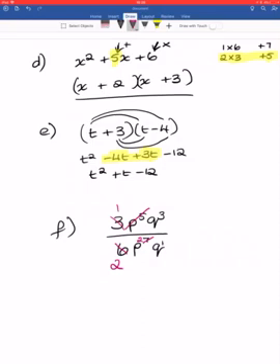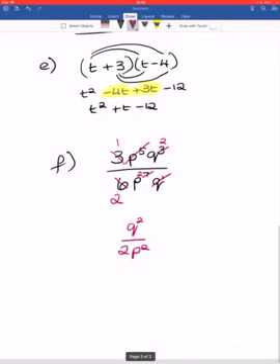Remember, I've got q to the 1 here really, so q to the 3 divided by q to the 1 is actually q to the 3 minus 1, which is 2. So writing that out, I end up with q squared over 2p squared. So be really careful with that, making sure that you know exactly what you're doing with your powers.